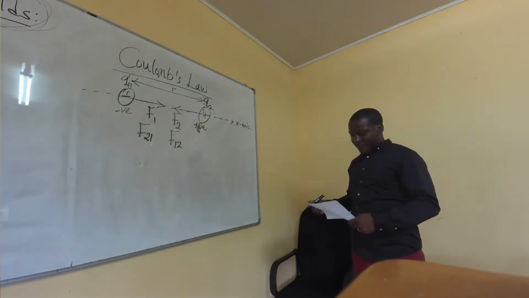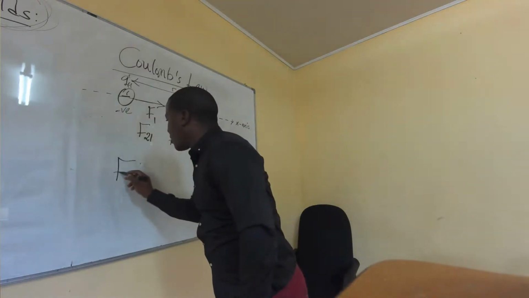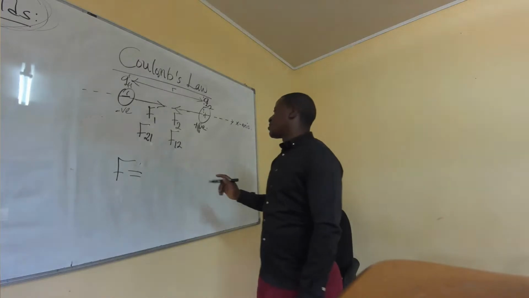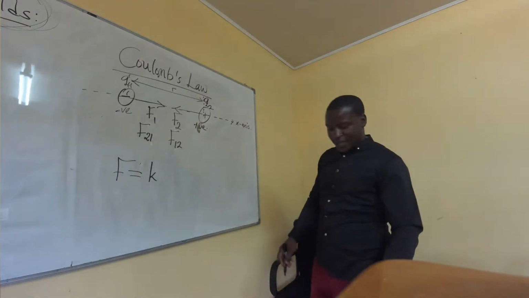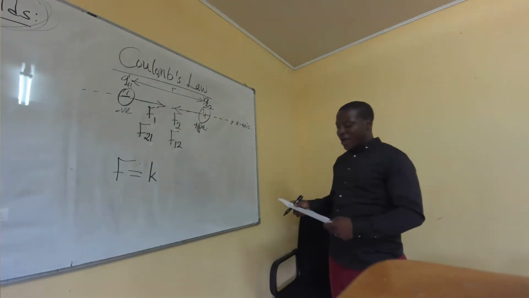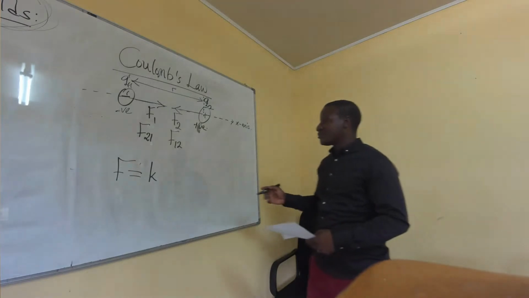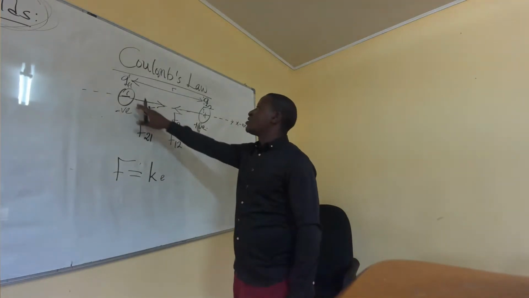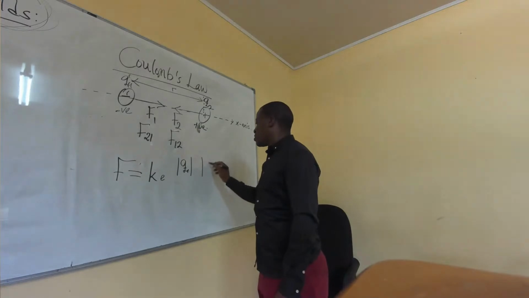Now we are saying F is equal to the proportionality constant, which is K, then you have the magnitude of the charge, which is Q1 multiplied by Q2.